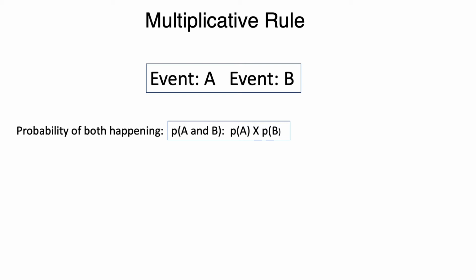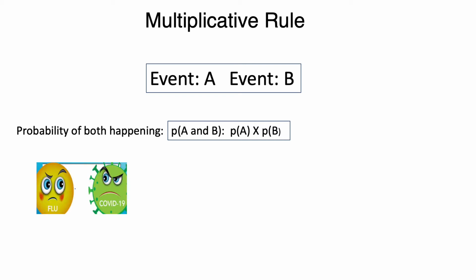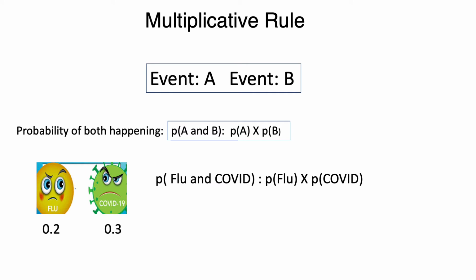Let us start with multiplicative rule. If you have event A and event B, the probability of both happening, probability A and B, is equal to probability A multiplied by probability B. Example, what is the probability of someone will get flu and COVID at the same season if data showed that 20% of the population got flu and 30% got COVID last winter?